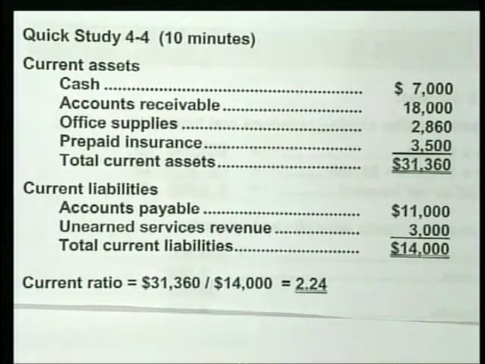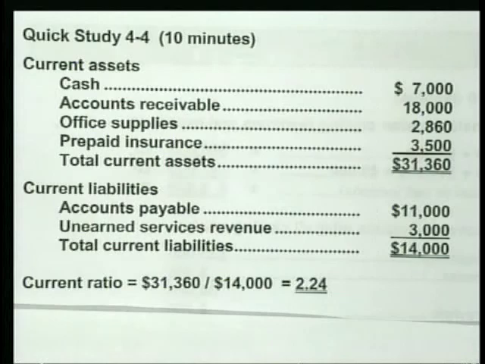Quick Study 4.4. Here's the real answer. Current assets are 31,360, and the current liabilities are 14. Does that check out with everybody now? And the current ratio thus is 2.24.